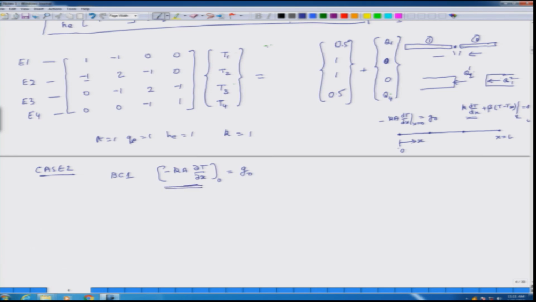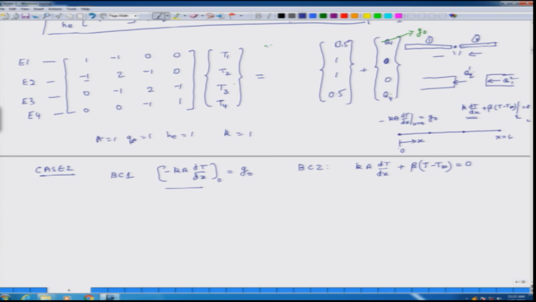Okay. So, this term becomes G naught. The second boundary condition BC2 is K A, and I think I messed it up, this should be the complete total derivative dT over dx, plus beta times T minus T infinity equals 0.